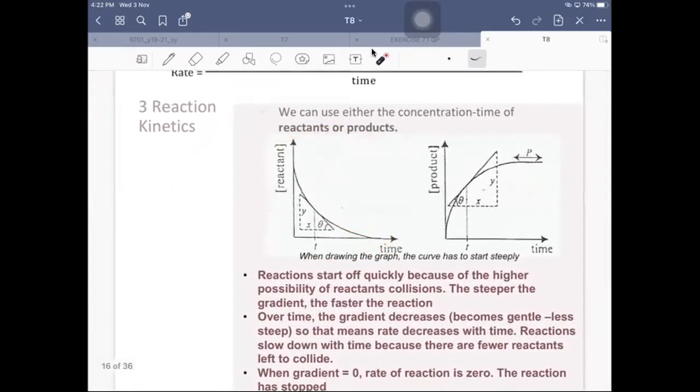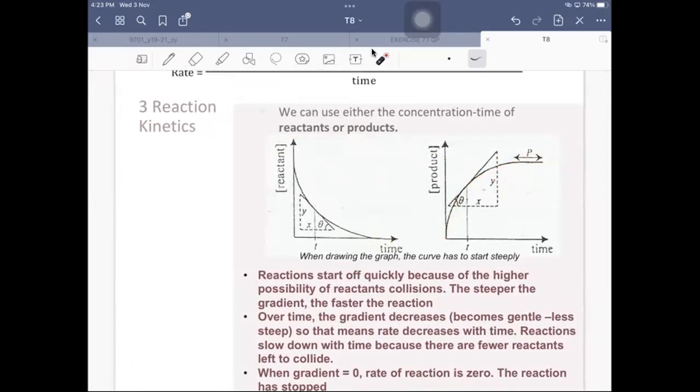As for products, you start from something and then over time, you reach a constant horizontal line, which tells you that the reaction has stopped. Now, here we are talking about an irreversible reaction, a reaction that only goes in one direction. Please do not confuse this with equilibrium.